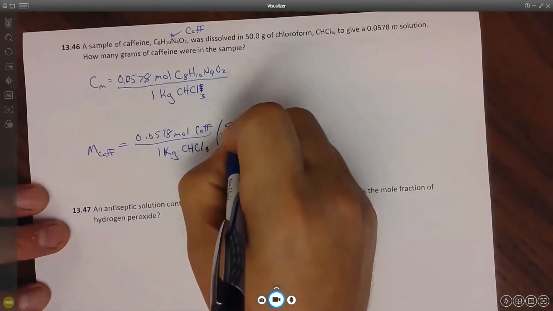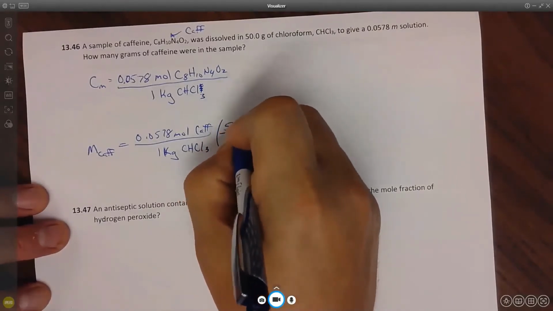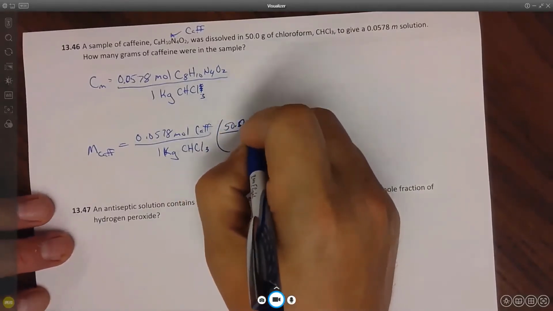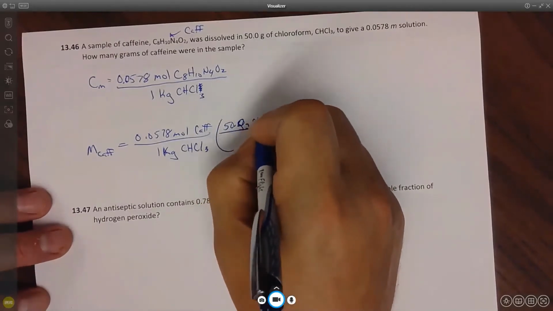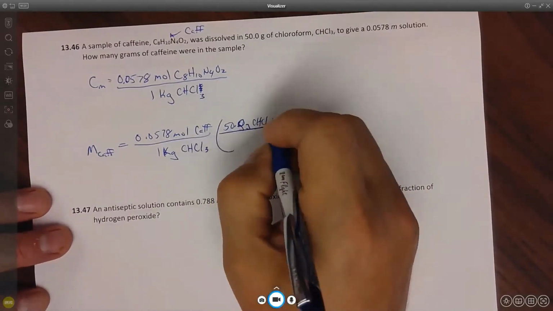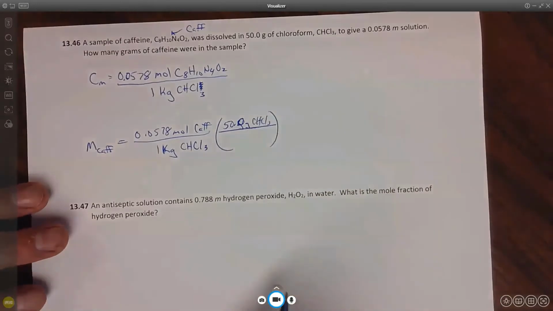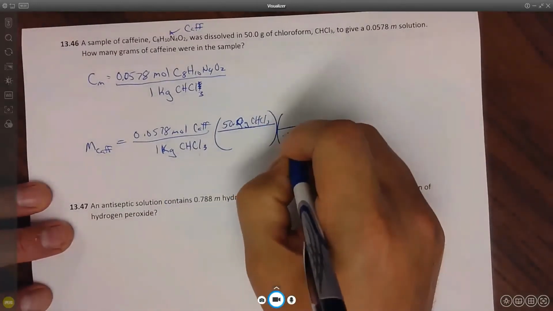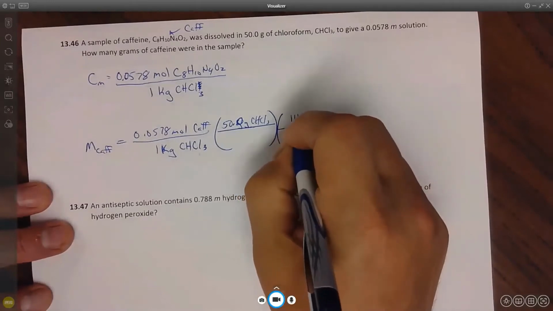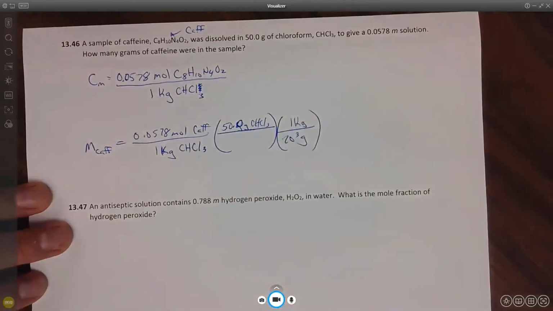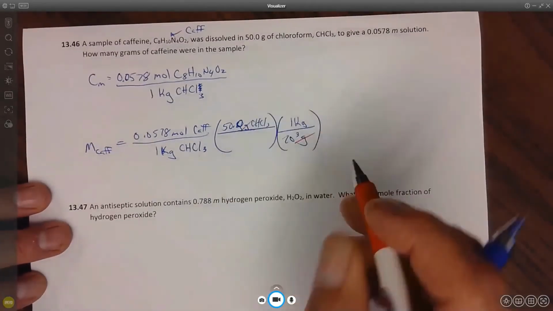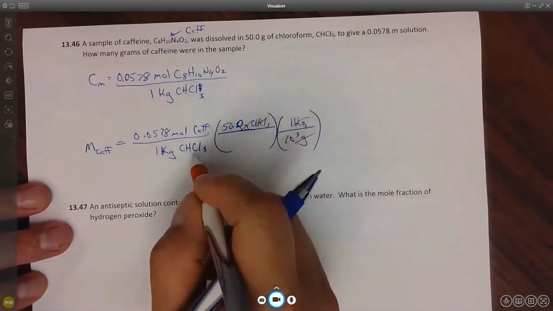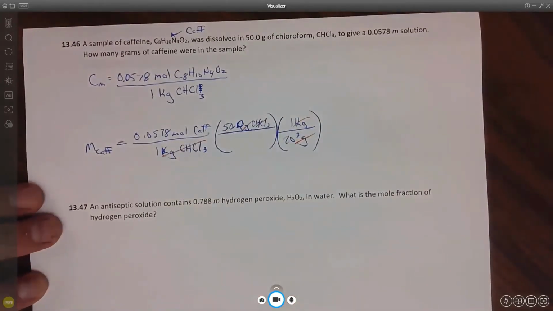I want it to cancel, so the mass has to be in the numerator, so 50 grams of chloroform. But the kilograms and the grams aren't canceling, but I do know that there's 1,000 grams in 1 kilogram. So now the grams are canceling, and now I have kilograms canceling, and now I'm left with moles of caffeine.